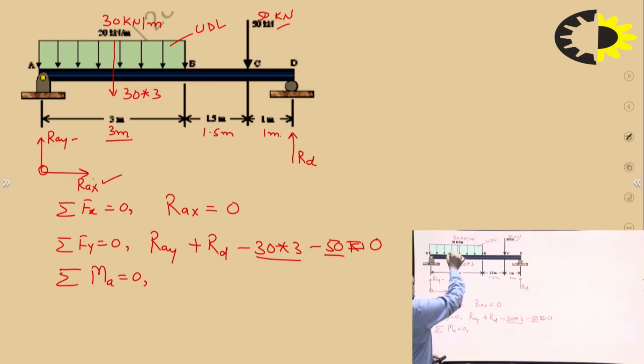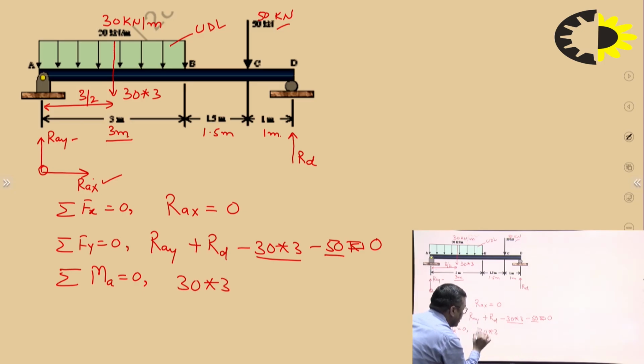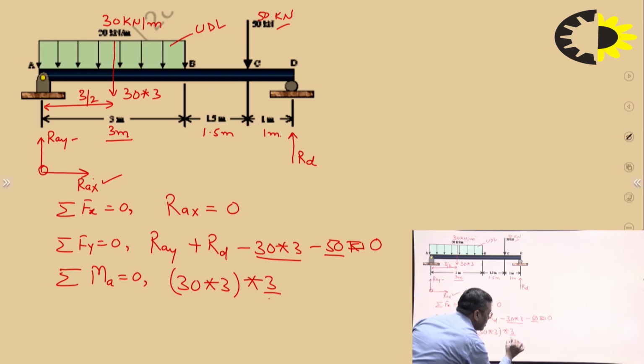Now I come to the second force, the point load representing the UDL, which is spread over 3 meters of length. The distance will be 3 by 2, half of the length over which the UDL is spread. I can represent the UDL by a point load at the midpoint of the length over which it is spread. So the load is 30 into 3, and the moment is force into perpendicular distance, the distance being 3 by 2.